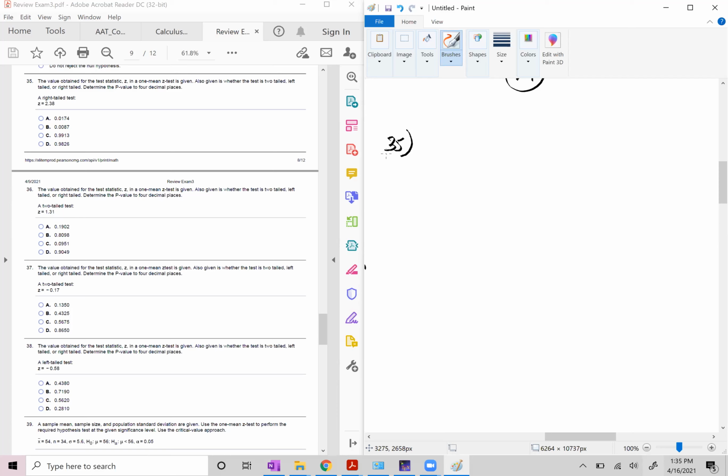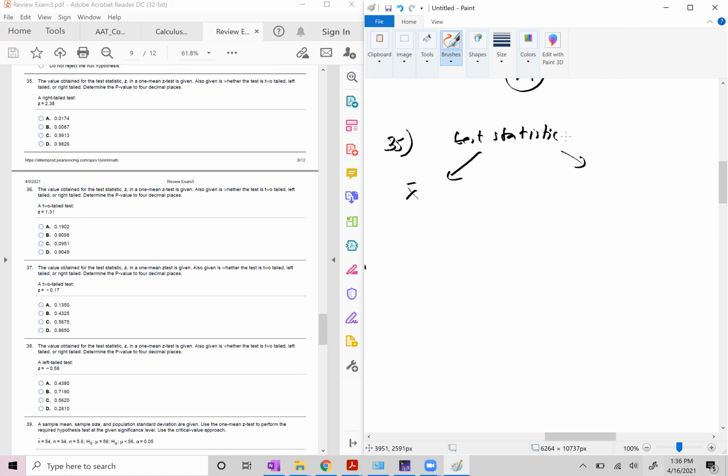Now here's the thing. I haven't told you how to calculate the test statistic. Now there are two equations to calculate a thing called the test statistic. I'm not going to focus too much on this because the answer is given here, right?